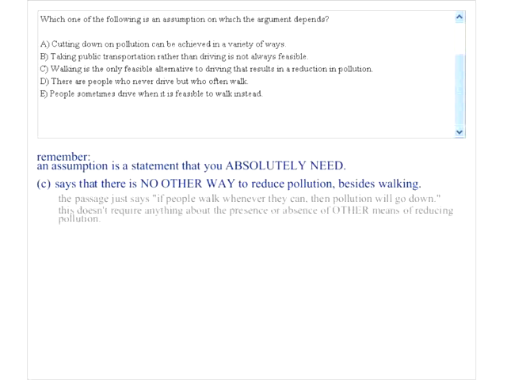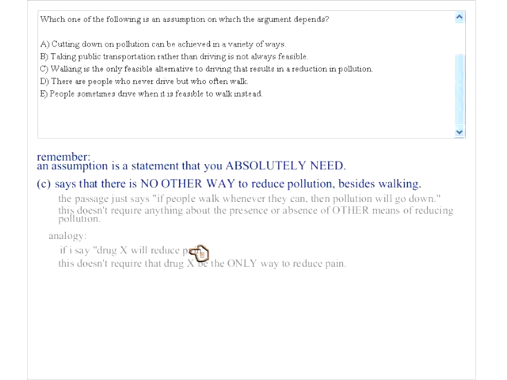As an analogy, if I say drug X will reduce pain, this certainly doesn't require that drug X be the only way to reduce pain. If I just say the drug will make your pain go down, there could certainly be other ways of making your pain go down, but that's irrelevant to this argument.